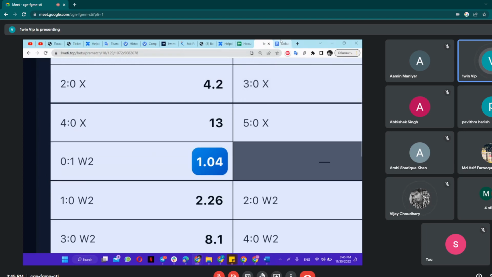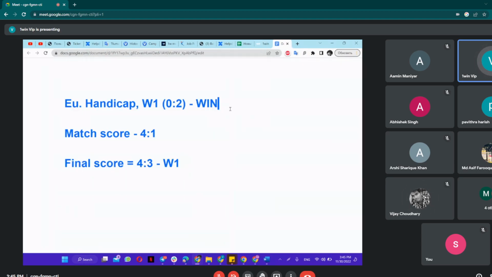Yes. So let's check this example. We are betting that the second team will win and given to the same second team 1 extra goal, 0-1.